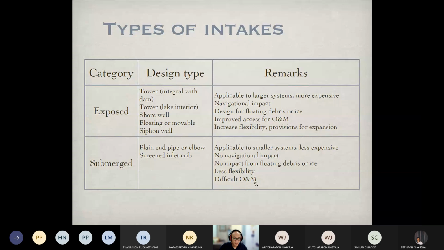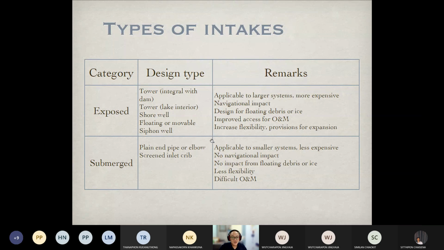It is difficult in terms of operations and maintenance. Whatever we put under the water, if we want to fix or replace some part of it for maintenance, we have to dive into the water and then work under the water. So it's really difficult in terms of operations and maintenance.